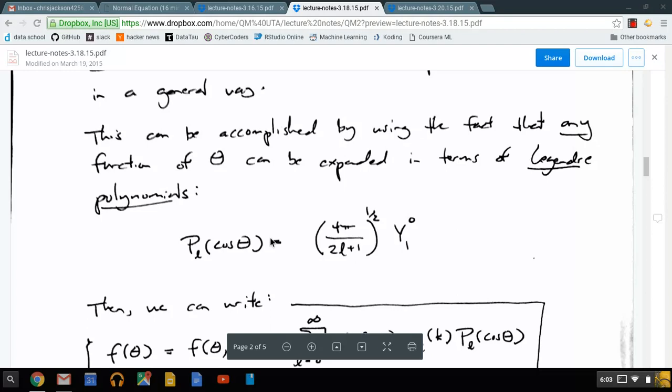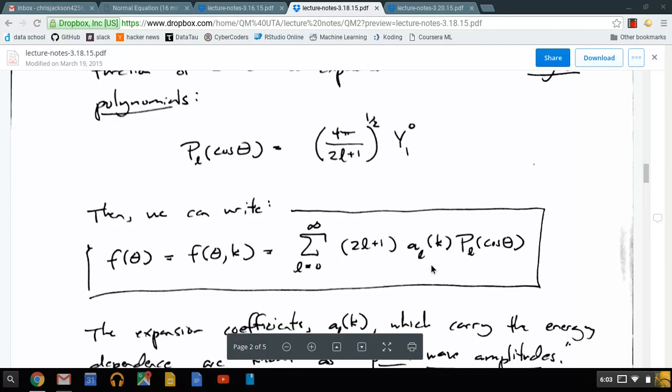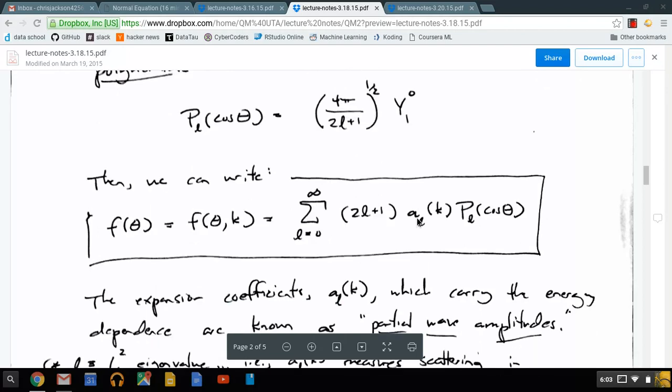In general, we can take our scattering amplitude, which we usually write as f of theta, but we know that implicitly there's some k dependence there, and split it into an angular piece by rewriting it as an expansion in Legendre polynomials of the cosine of theta. The coefficients of this expansion, which we're going to label as a sub L, carry the k dependence.